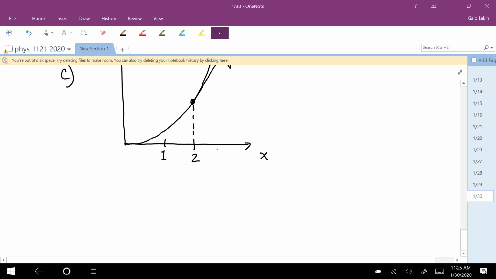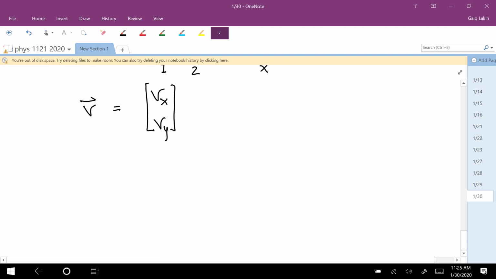Okay, and the velocity vector, when I break it up into components, I'm going to call the components Vx and Vy. And then the last thing we have to define is the acceleration vector.